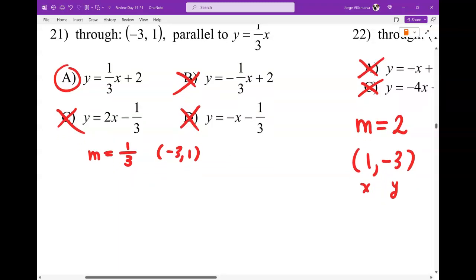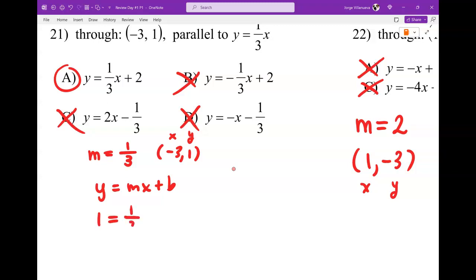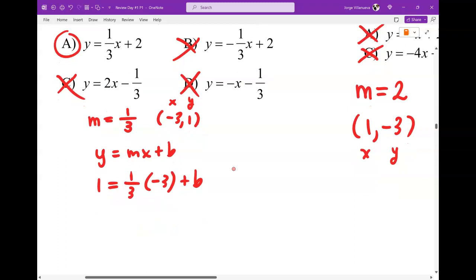We have to find b. If b is 2, then I know I got the right answer. So here we go. y equals mx plus b. This is x, this is y. I know my m, so 1 equals 1/3 times -3 plus b. So 1 is equal to -1 plus b, because 1/3 of -3 is -1.